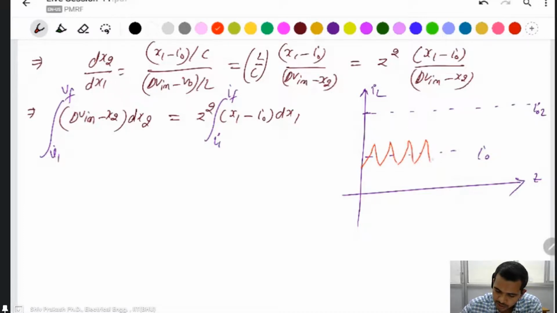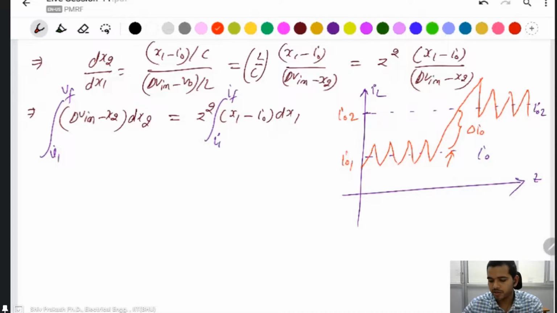If you have a sudden change in I0, then IL also changes like that. This one is taken as I01, this one as I02. This change is delta I0, the output current change in the buck converter, and this one is the initial value and this one is the final value.